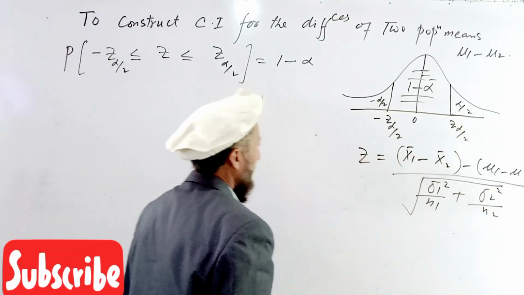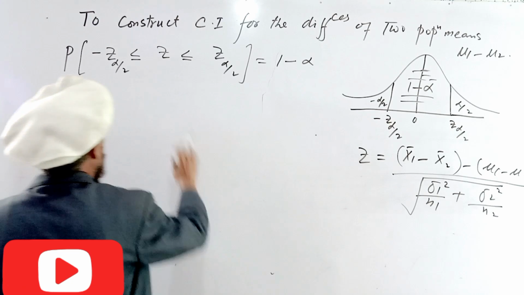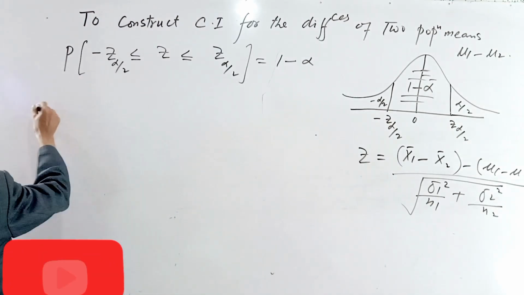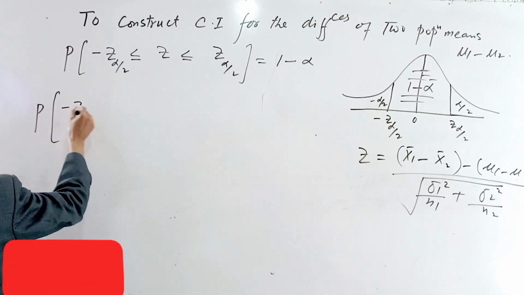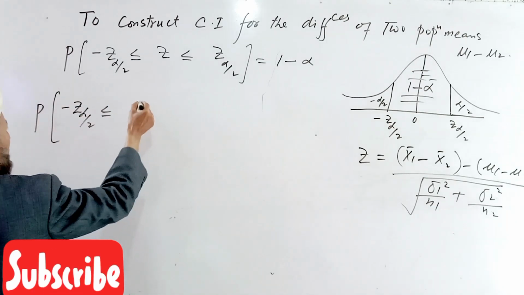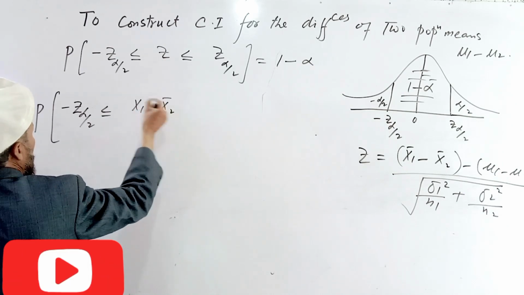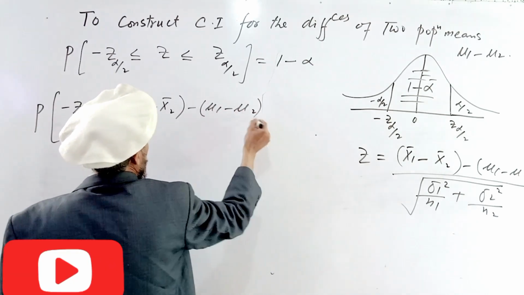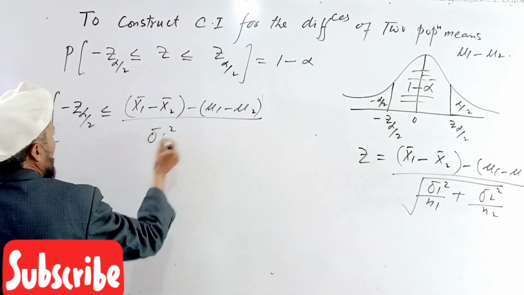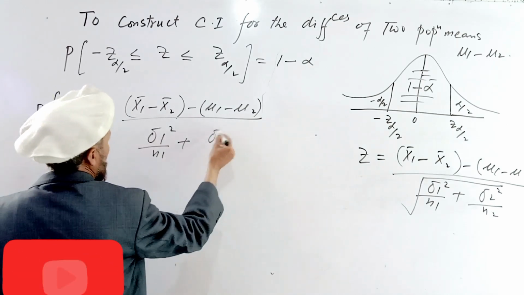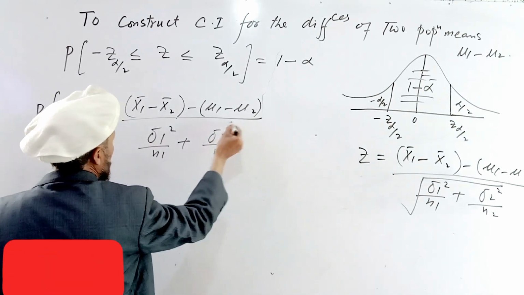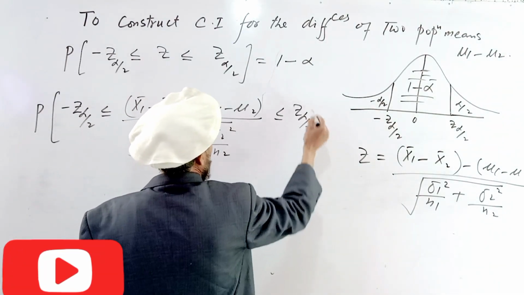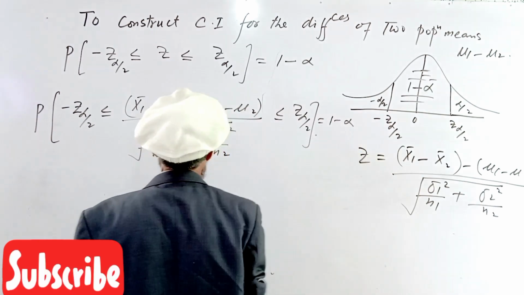If we apply this in place of the standardized normal variable z, then the probability of minus z alpha by 2 less than or equal to x1 bar minus x2 bar minus mu1 minus mu2 divided by the square root of sigma 1 square divided by n1 plus sigma 2 square divided by n2, less than or equal to z alpha by 2, is equal to 1 minus alpha.